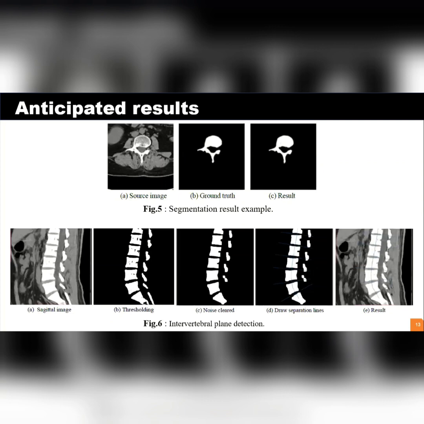And figure 6, the detection sequence is illustrated in figure 6. Figure 6 presents the central sagittal image that was selected. The image is thresholded to produce a binary image, as shown in figure 6b. When hole filling and morphological opening are applied to the binary image, the vertebrae become more distinct.